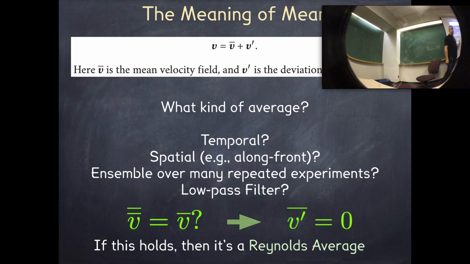Okay? So in modeler speak, we talk about this one being a temporal average, this one being a spatial average, this one being a Reynolds average, this one being a large eddy simulation.